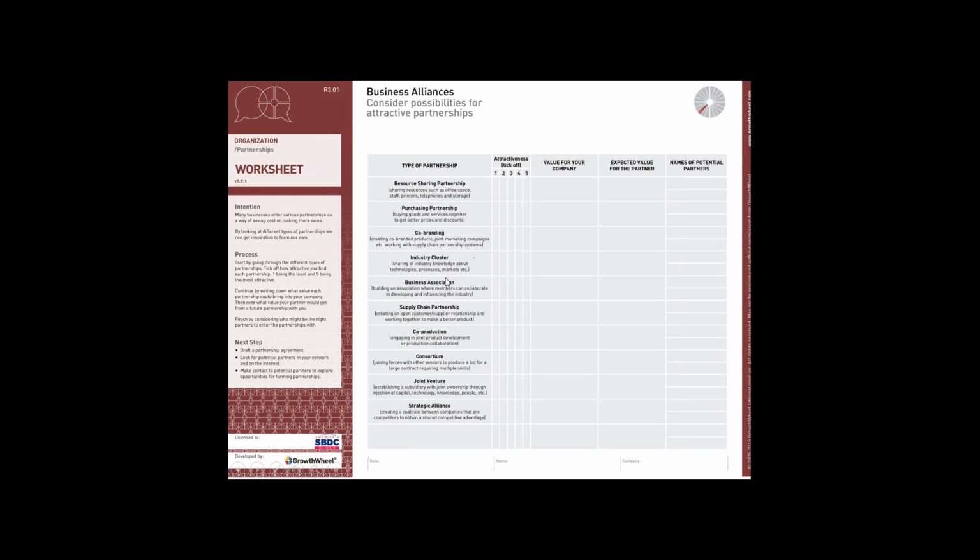The industry cluster, it could be a place where you just simply have a think tank to utilize each other's knowledge and build on the knowledge of each other within the industry so that you all do better. And this is not necessarily a non-competitive kind of situation.